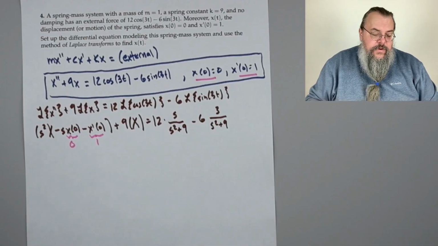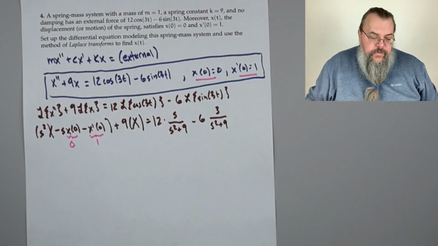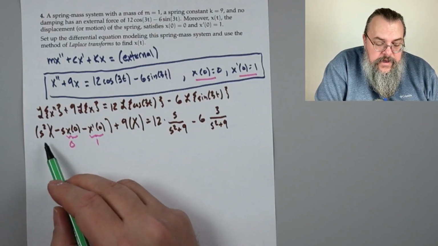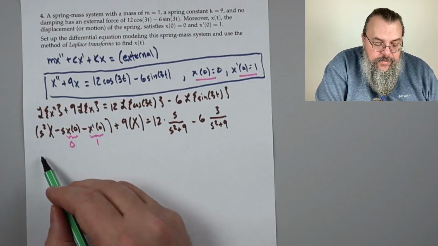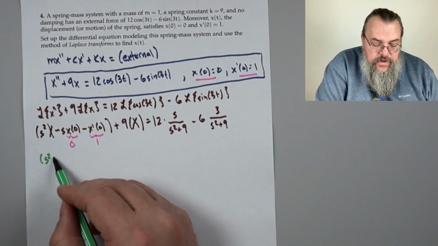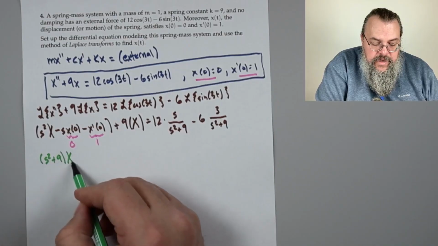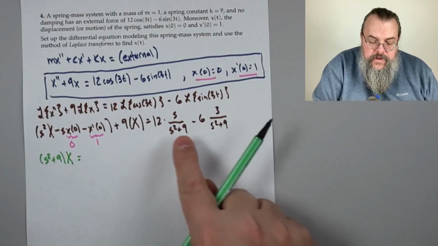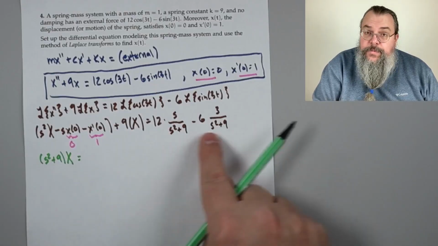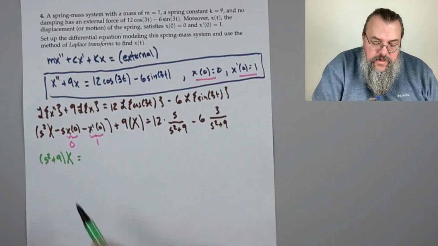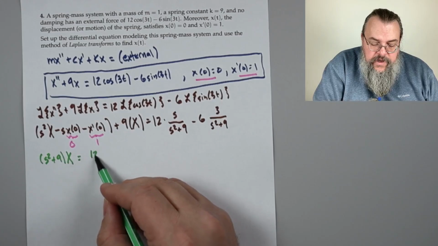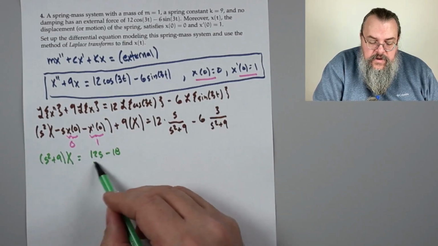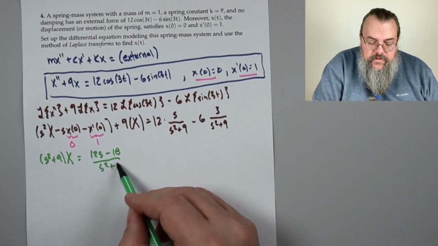All right, so what do we have if we continue our cleaning up? Well, we have our s squared plus 9 times X. So s squared plus 9 times capital X is equal to, well, these are both over s squared plus 9, so we can put them together. We'll have 12s minus 18 over s squared plus 9.